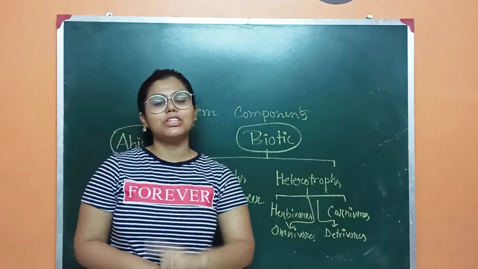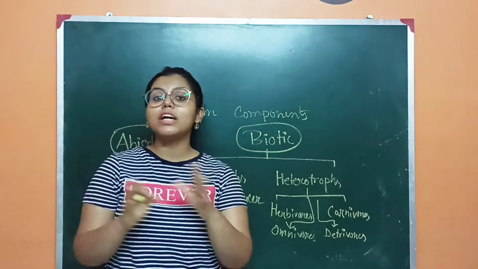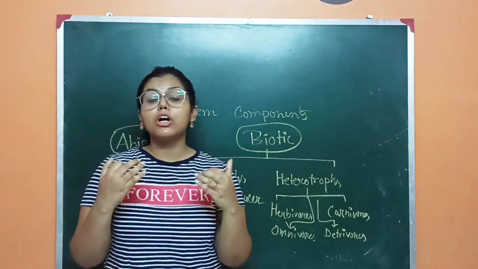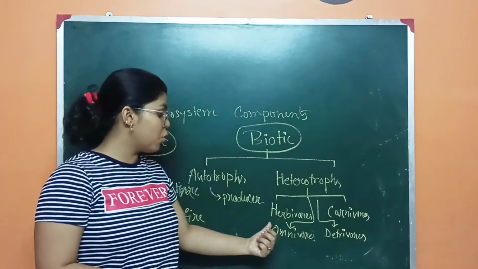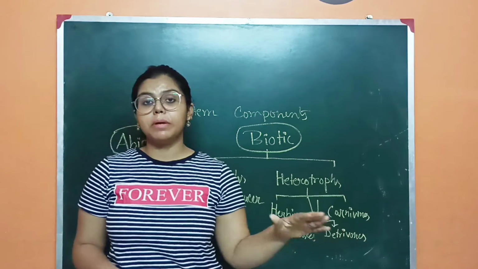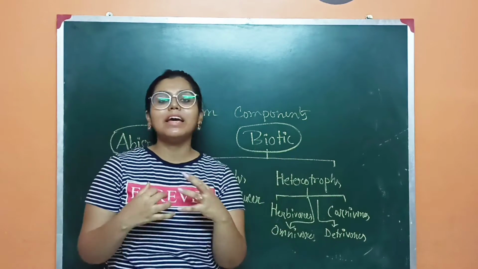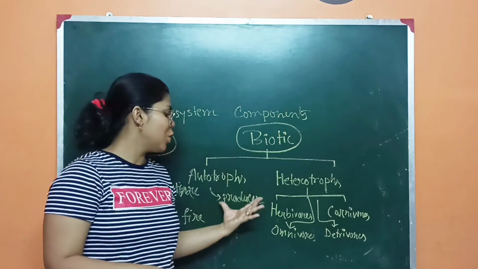And the main important thing is food. We cannot get food without plants because we don't have that mechanism. The herbivores, the detritivores and carnivores, no one has the mechanism to produce food by themselves. So everyone should depend on the autotrophs.